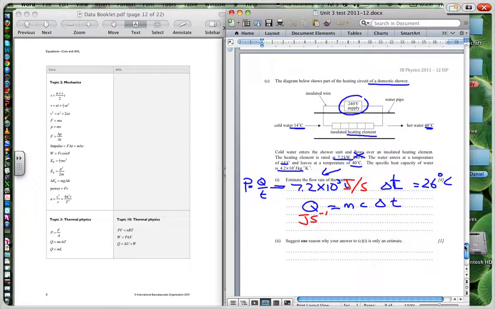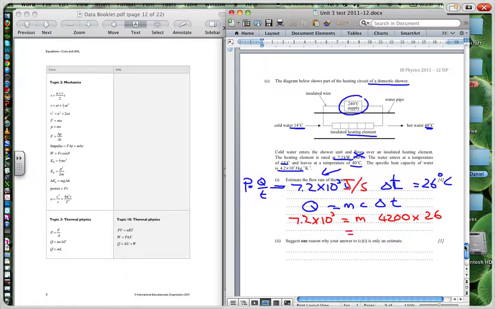So when I work this all out, if I put in my power here, for every second I have 7.2 times 10 to the 3 equal to the mass, because that's the number of joules in 1 second, times 4,200 times 26.